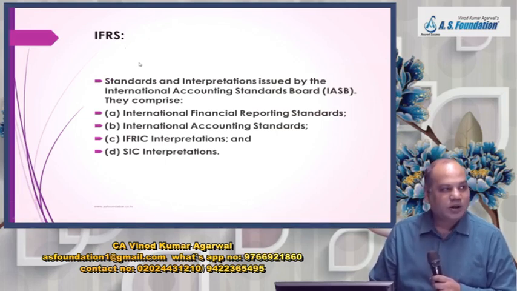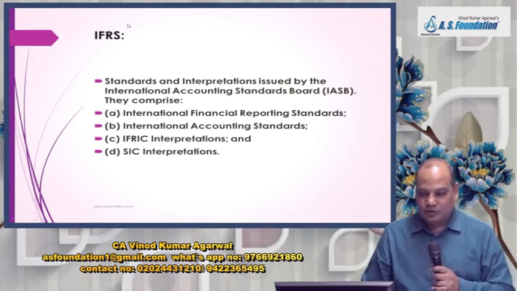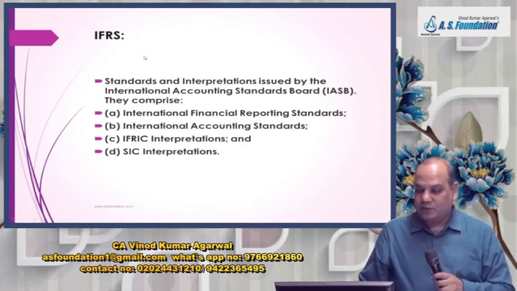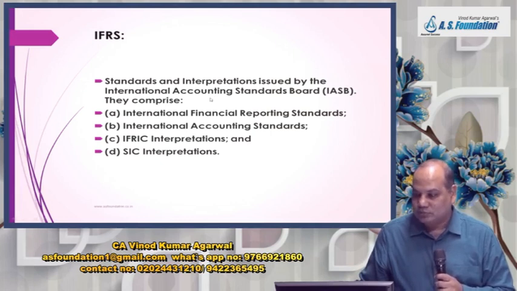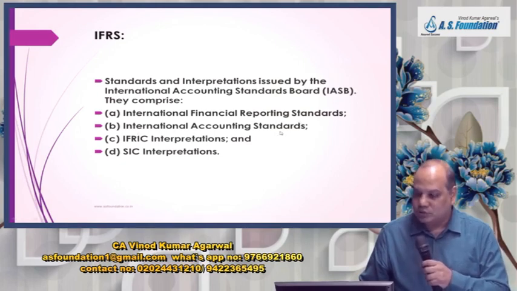And what do you mean by IFRS only? Very good question. What is IFRS? IFRS are standards and interpretations issued by the International Accounting Standards Board. Standards and interpretations also. Those interpretations are called IFRIC or SIC. You will find there are two standards mentioned: International Financial Reporting Standard and International Accounting Standard.